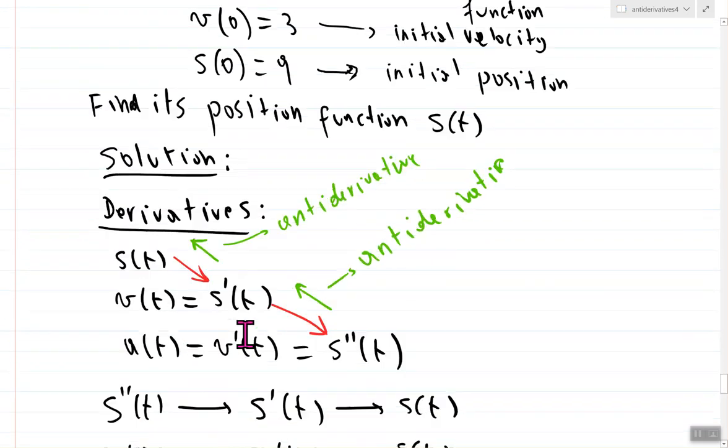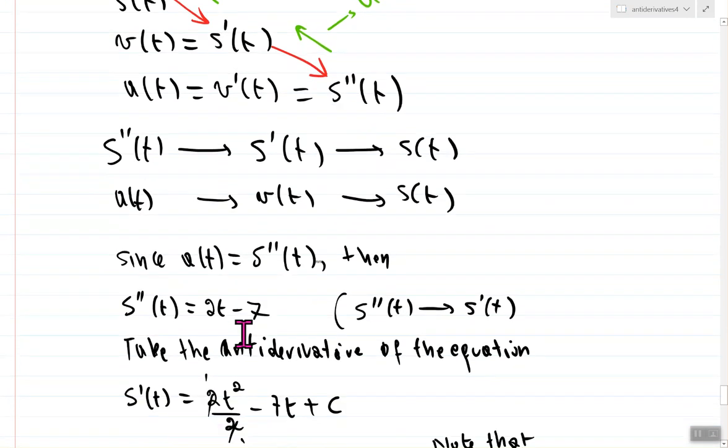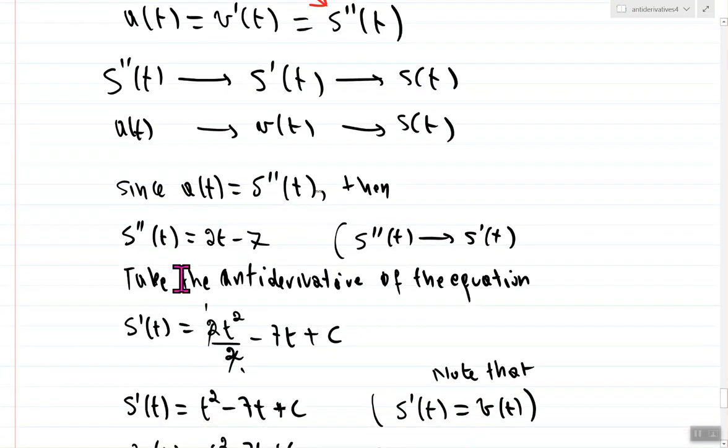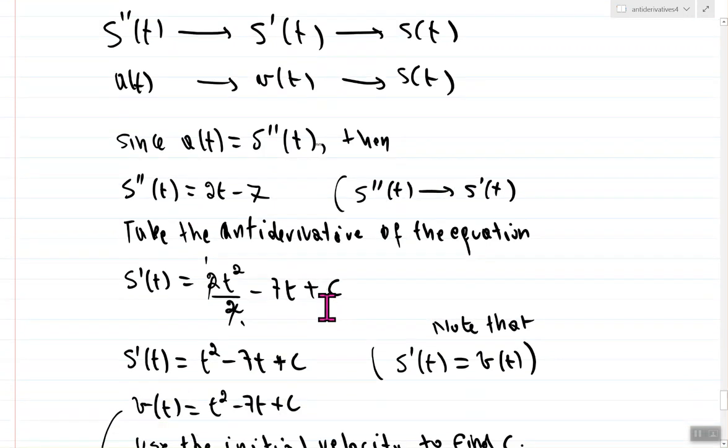So let's do that here. So we are given the acceleration function, which is the same as s double prime of t. Okay, so we want to go from s double prime of t to s prime of t by taking the antiderivative. So when you take the antiderivative of s double prime of t, you're going to get s prime of t.